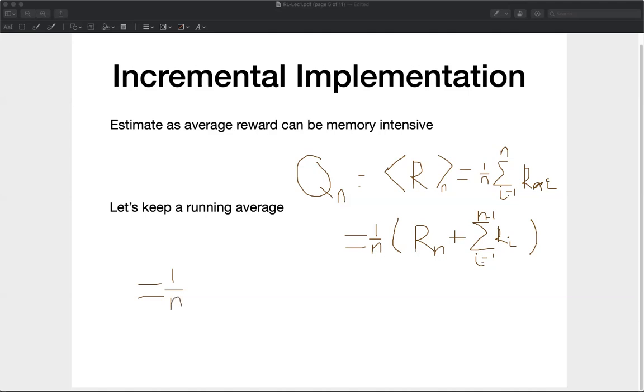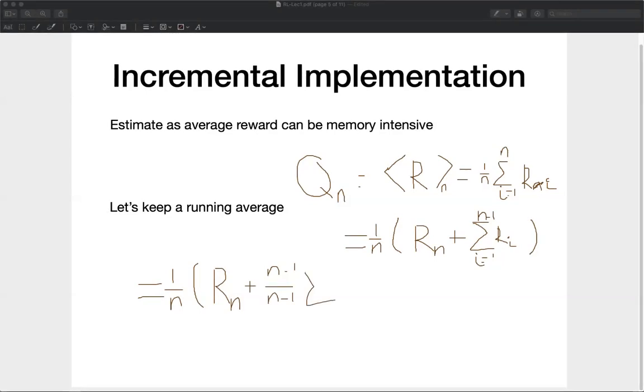So I have 1 over n here. That nth term is here. Now this, I'm going to insert a resolution of the identity in here. This is going to be n minus 1 over n minus 1, right? So it's just a resolution of the identity.